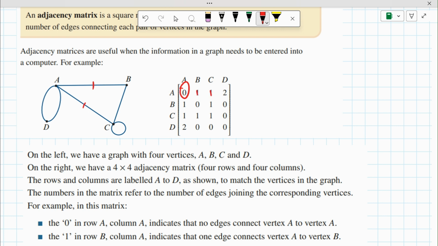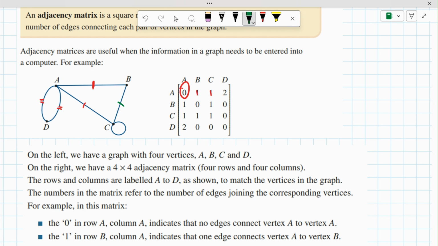And A to D, we have 2 connections. For B, we have one connection to A, and 0 connections to D. Also one connection with C.